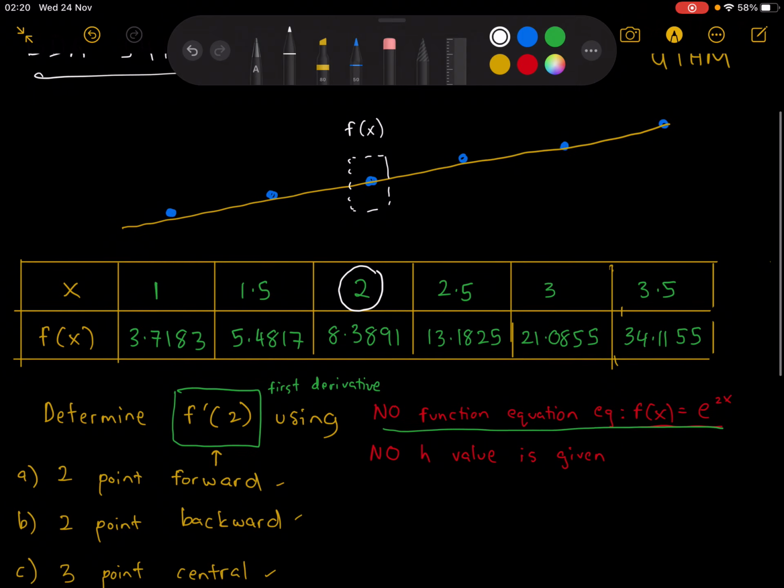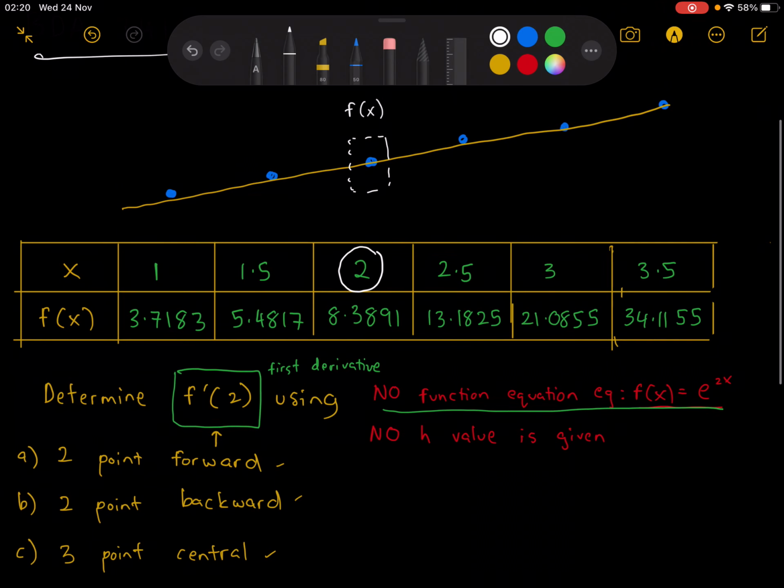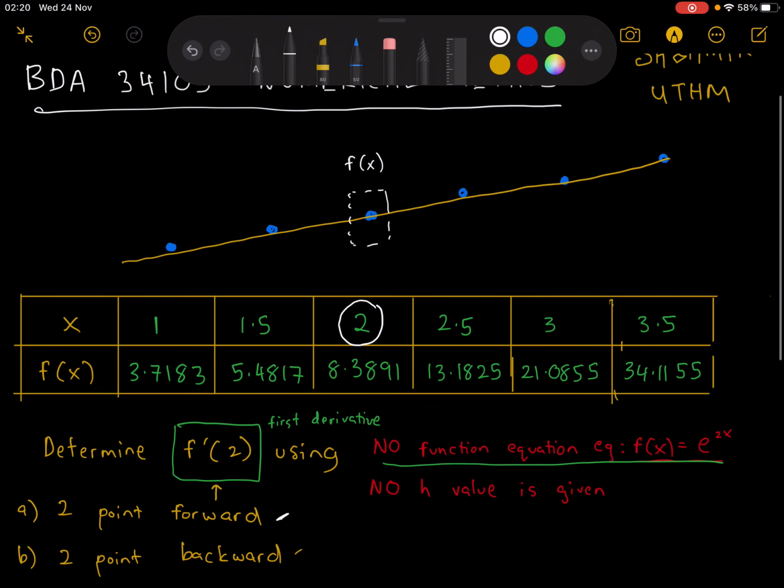So this is our f(x), and for us to solve using 2-point forward, we can still remember that we need to determine f(x plus h), whereby f(x plus h) is the point after the point of interest. So if this is our point of interest, our next point forward would be this one.